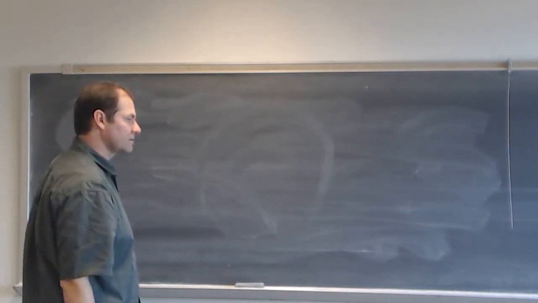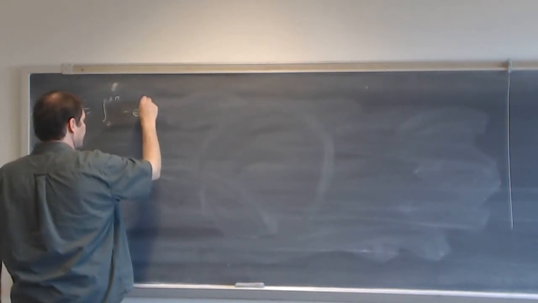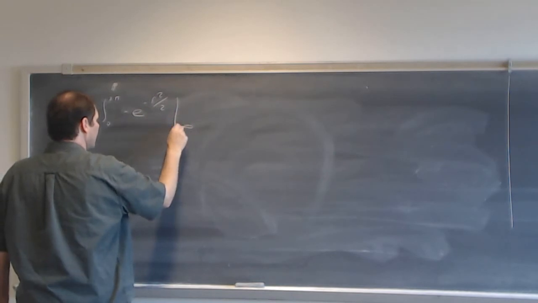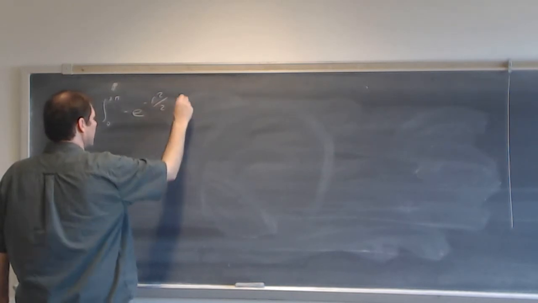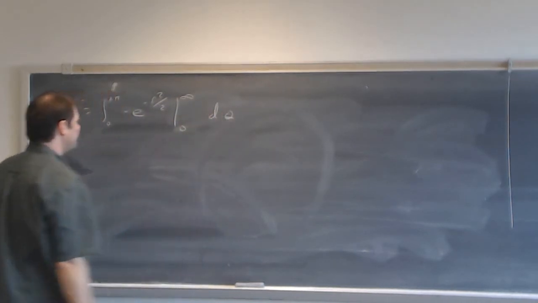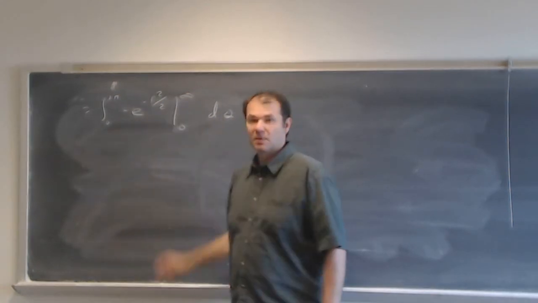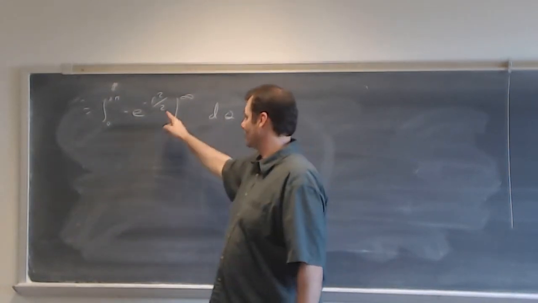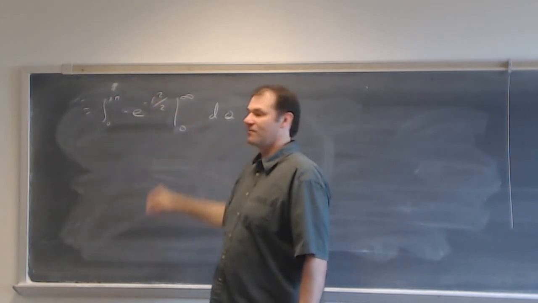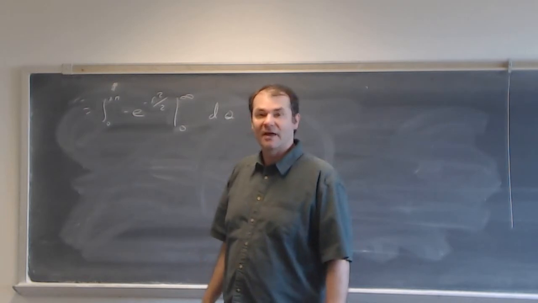That inner integral, I can find an antiderivative for it. It has a minus out front of it, e to the minus r squared over 2, evaluated from 0 to infinity, d theta. I know this is supposed to be an improper integral. We think of r getting really huge. E to the minus really huge number divided by 2 is e to the minus a huge positive number, and that goes to 0.